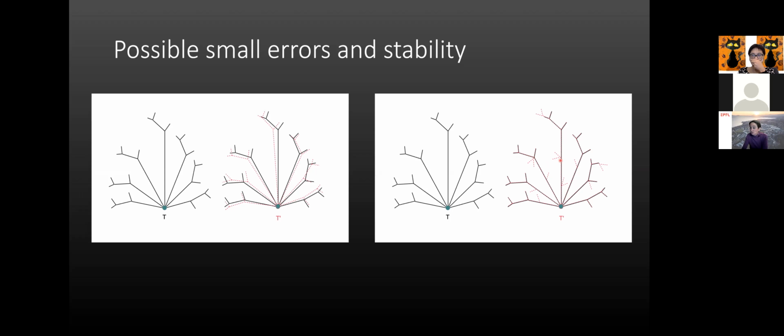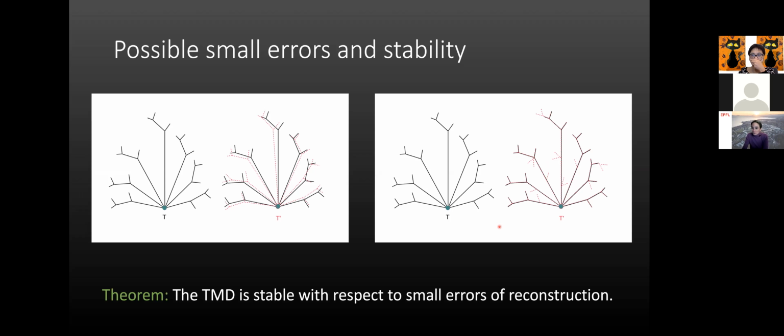If the PhD student was particularly tired when he was looking under the microscope, he might have missed some things. But it turns out that you can quantify the fact that the topological morphology descriptor is in fact stable with respect to such small errors of reconstruction. If you're off by a little bit, it doesn't matter. The barcodes that you get will be close to each other with respect to what's called the bottleneck distance. I'm going to define this distance more precisely later, but just to say, it's not too sensitive to errors.